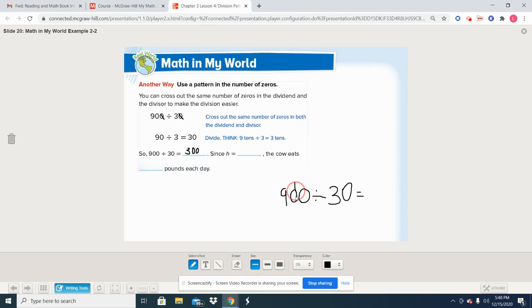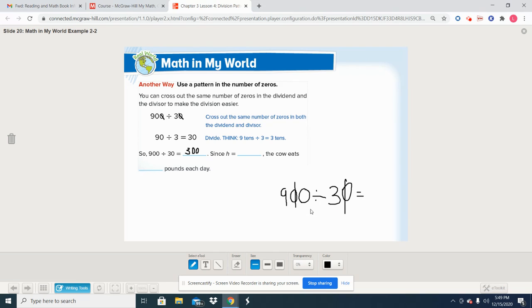So we're going to cross out 1 zero in the dividend, and because we crossed out 1 here, we also have to cross out 1 in the divisor.